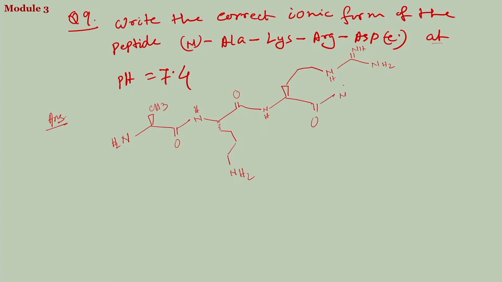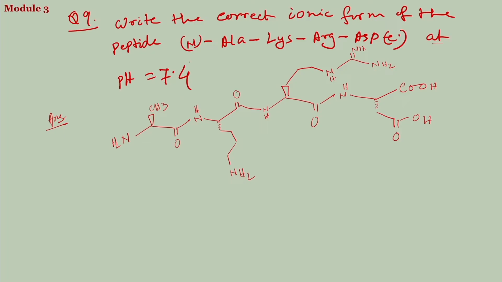Then CO, NH, and there is aspartic acid. Aspartic acid is CH2, OH, and here this is the carboxyl terminal, so this has to be double bond O. So, this is the raw skeleton without going to any charge formation or any ionic characters.